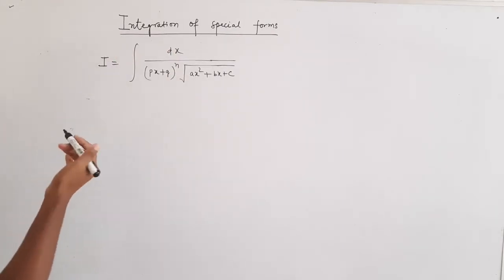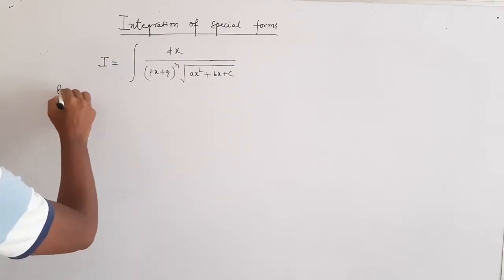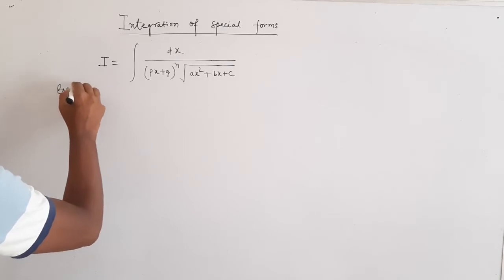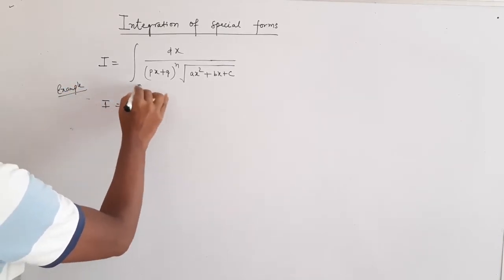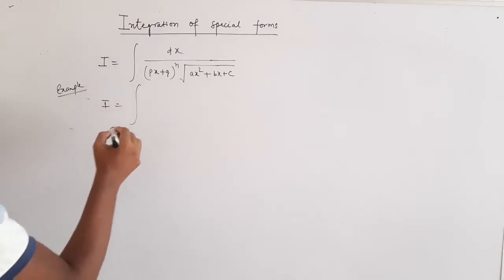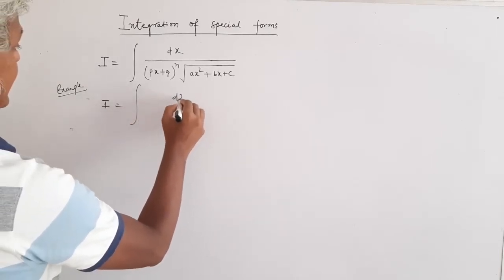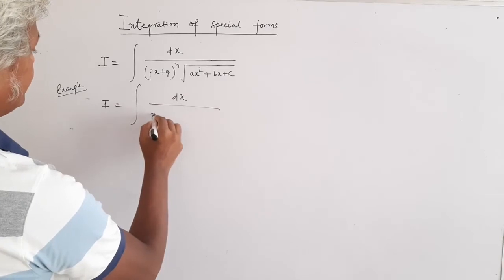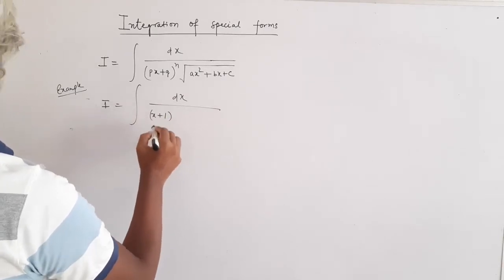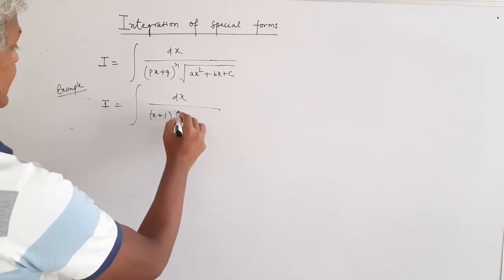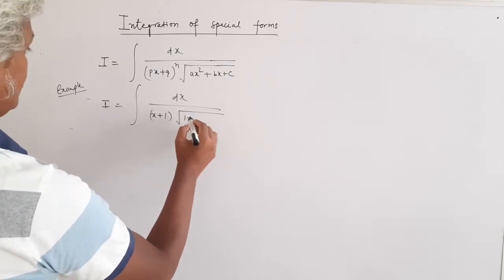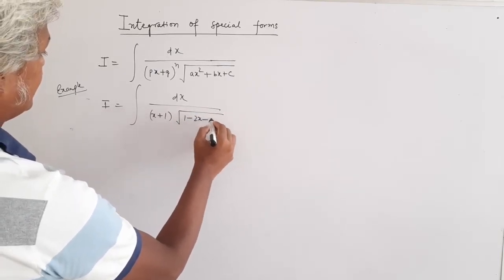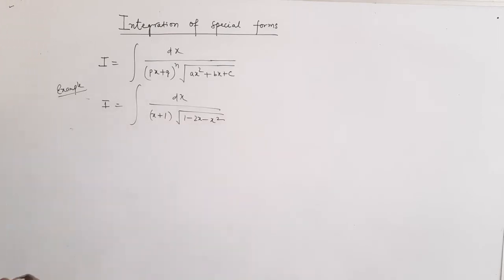This is just a form. Now I'll take a proper example: how to find the integration of dx over (x plus 1) times the square root of 1 minus 2x minus x square.